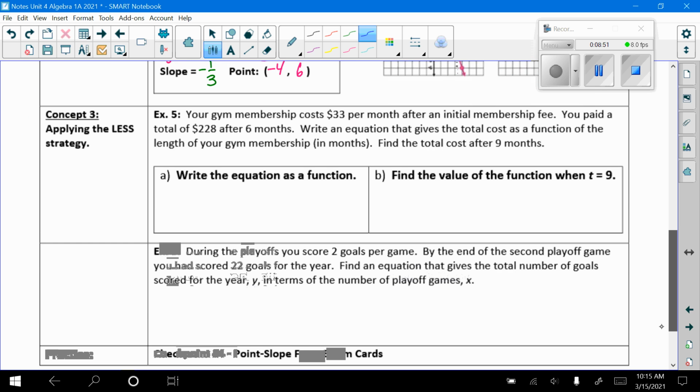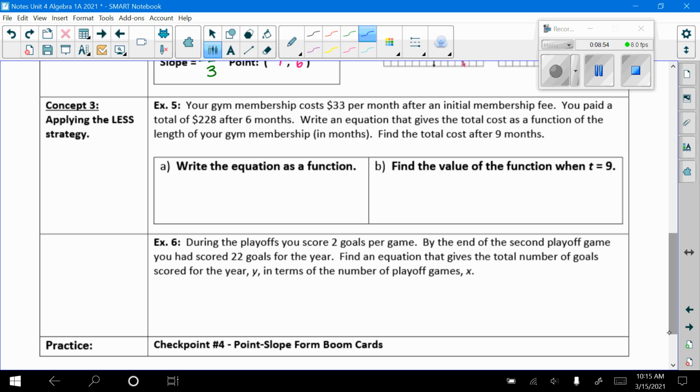All right, then I have concept 3, which is going to use that LESS model, that LESS strategy. Our gym membership costs $33 per month after an initial membership fee. You paid a total of this much after 6 months. Okay, so I'm looking for a slope, it looks like, because I have a rate and a specific point.